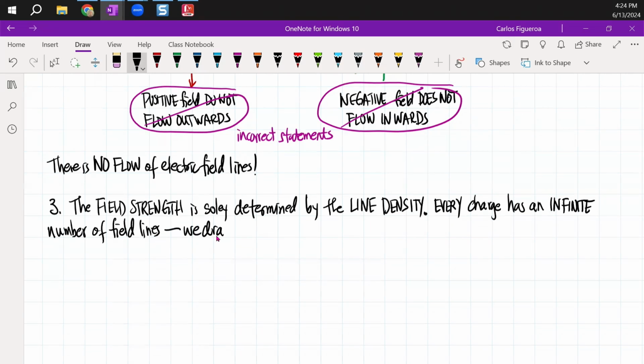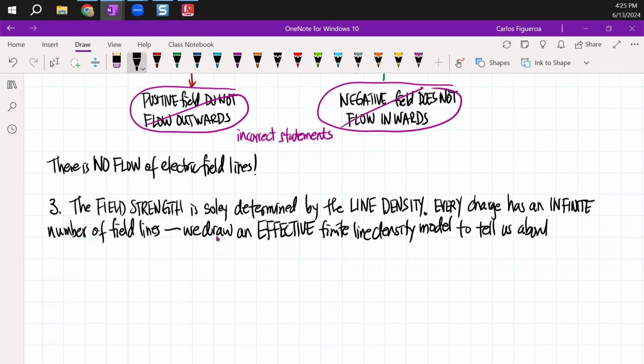We draw an effective finite line density model to tell us about the strength of the field.